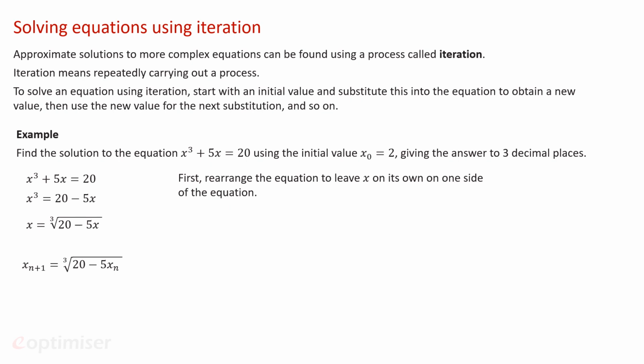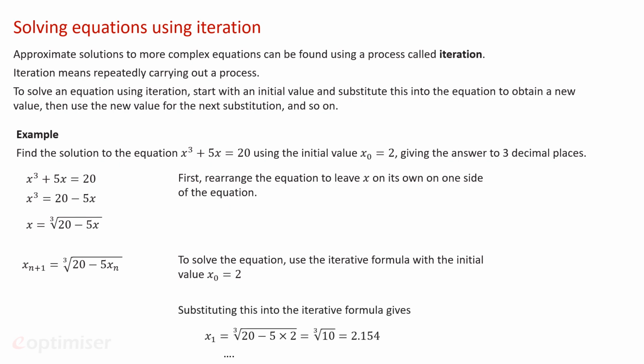The next x is related to the previous x, xn. Using that xn, you are going to find xn plus 1. So n can be any value. But we found that x0 is equal to 2. So for n is equal to 0, you will be getting x1 with this formula.